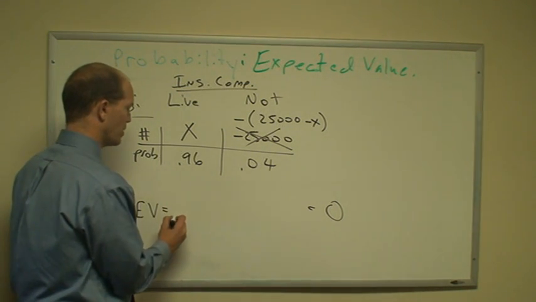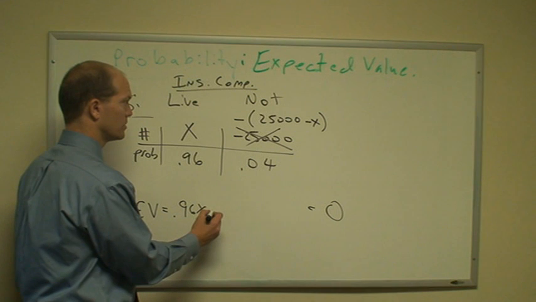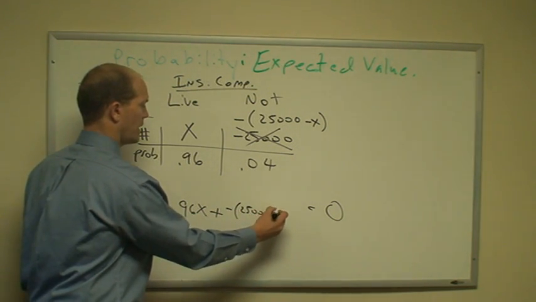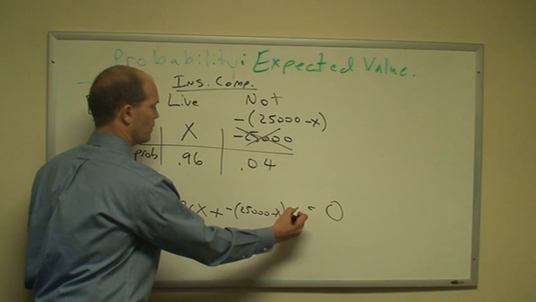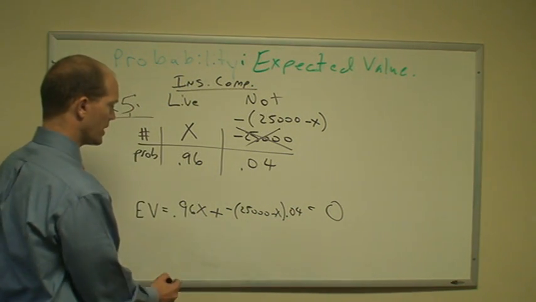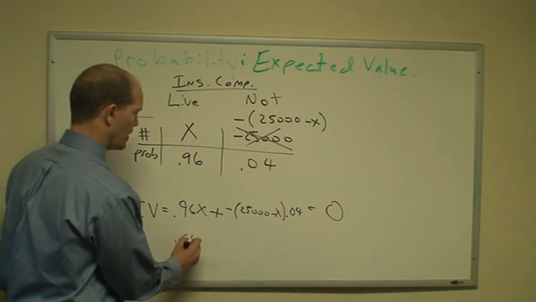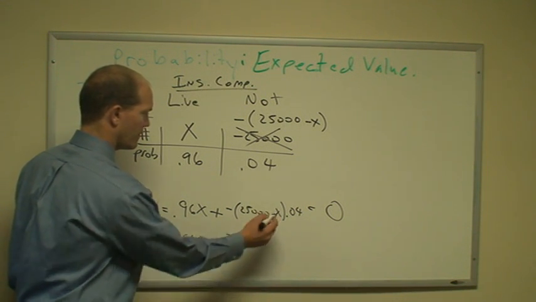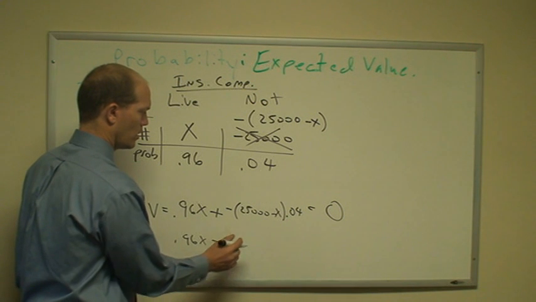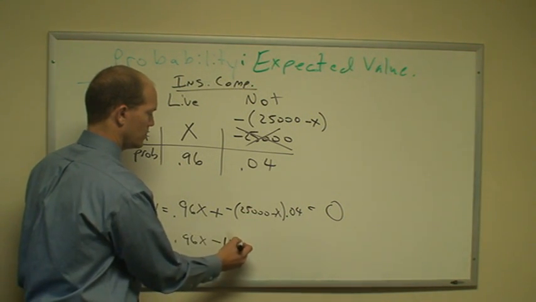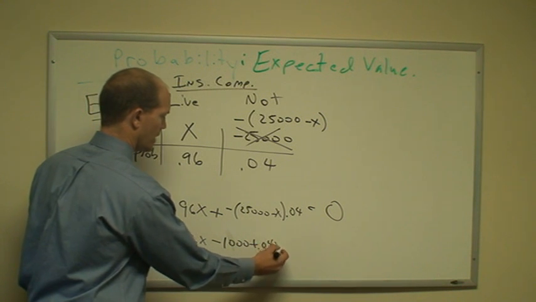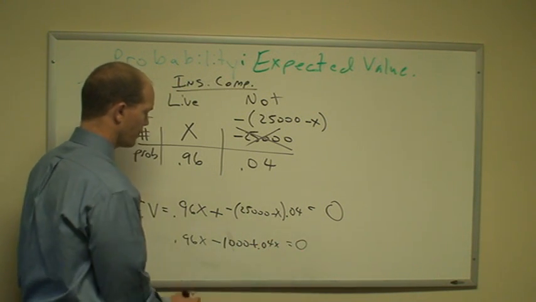So the expected value here would be 0.96x plus a negative (25,000 minus x) times 0.04. Working this out, we're going to get 0.96x minus 25,000 times 0.04, which is 1,000, plus 0.04x equals 0.